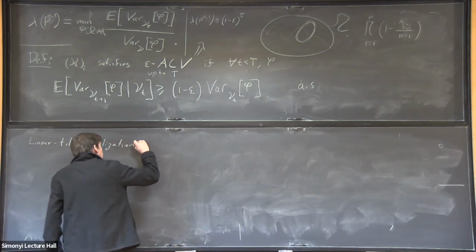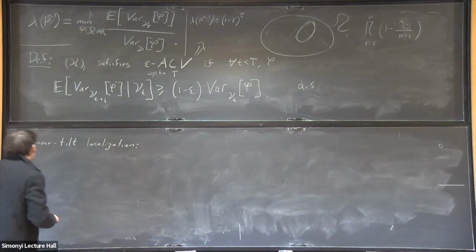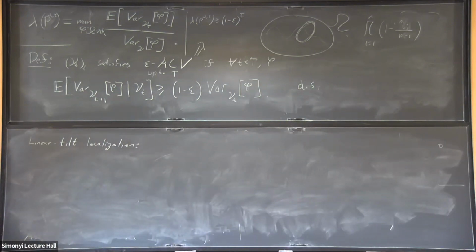So what is a linear tilt localization? It's just a localization scheme such that to get from the measure nu t to the measure nu t plus 1, you multiply by a linear function.